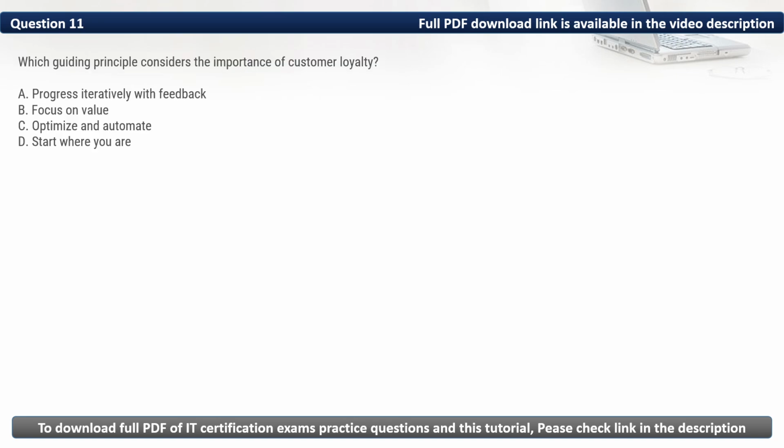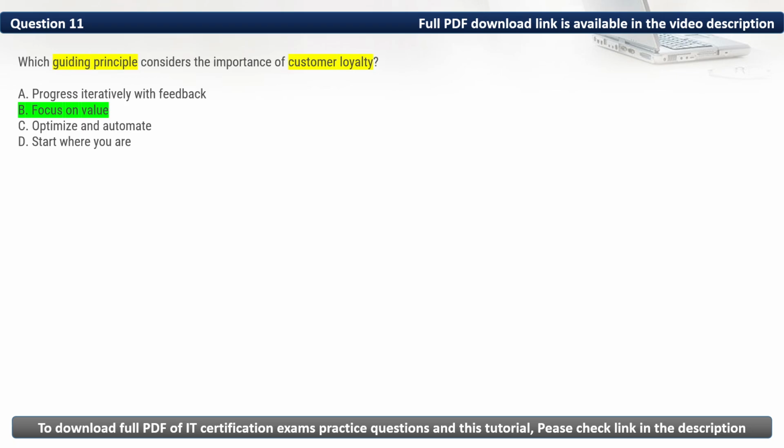Question 11. Which guiding principle considers the importance of customer loyalty? The focus on value guiding principle considers the importance of customer loyalty.